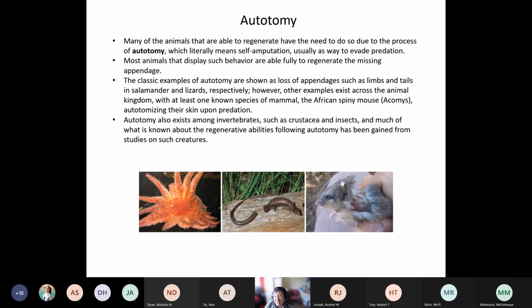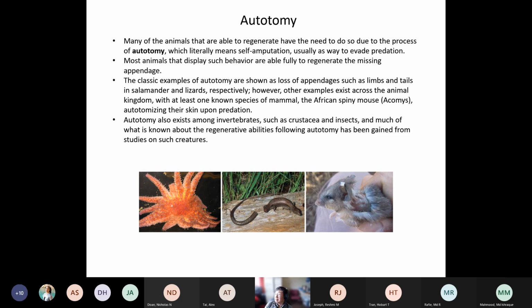Many animals do that. In our backyard, you may have some lizards. If you try to catch them, they can shed their tail. They just drop the tail because they can regrow it back, right? That's a very good example of autotomy. The animal intentionally removes that part of their body so that they can avoid getting captured by their predators. So autotomy basically means self-amputation.